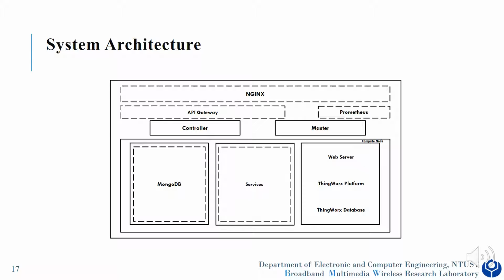So within this architecture, we are able to establish local connections between each other. So the microservice will query data from MongoDB and pass the data transmission into the ThingWorks platform using the local connection without going out through the internet, which is related to security itself.